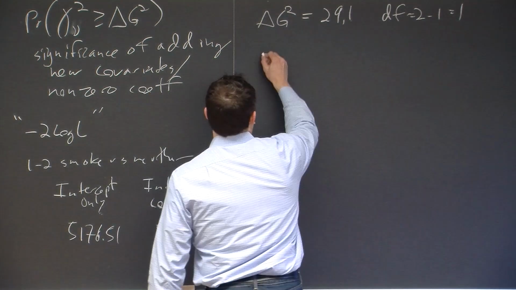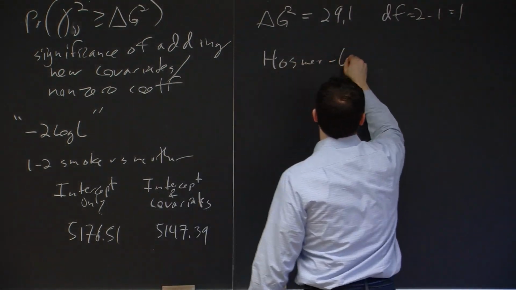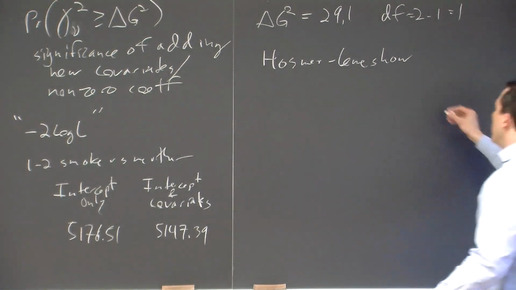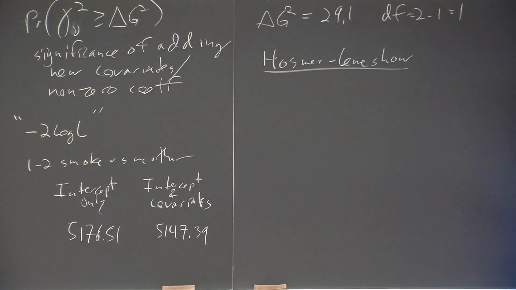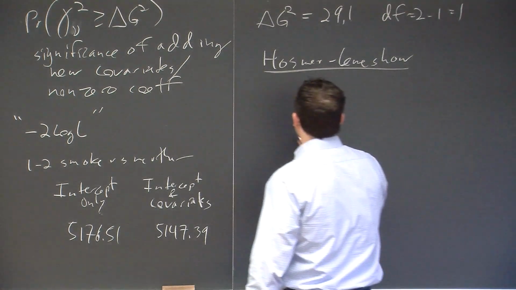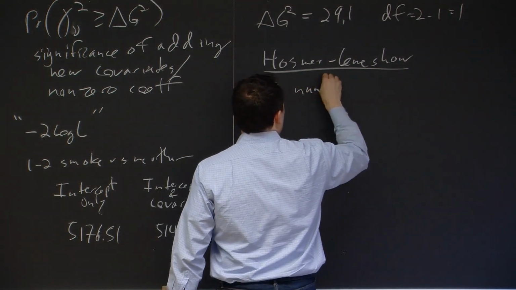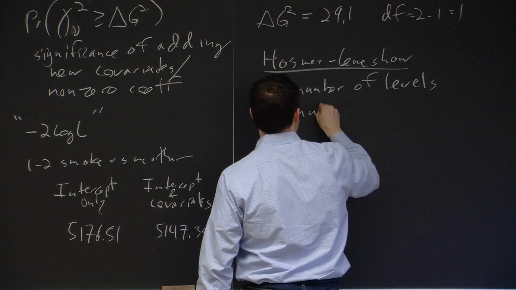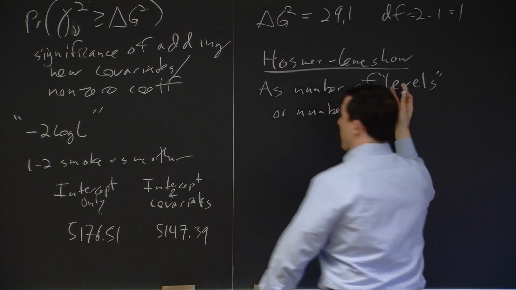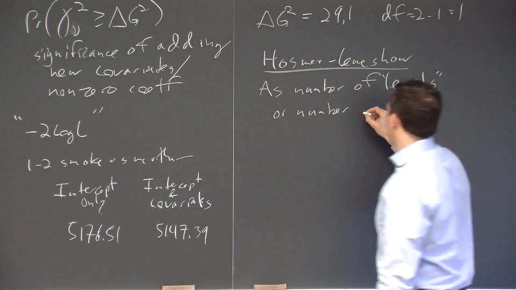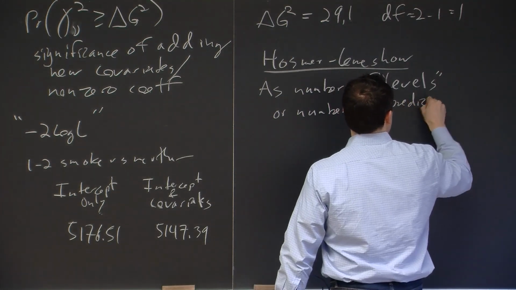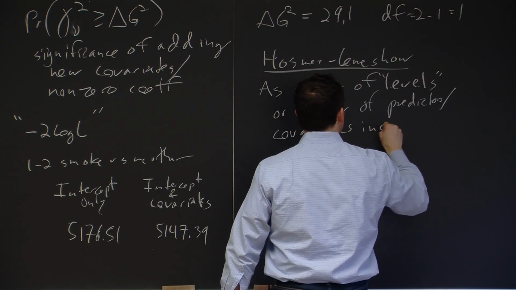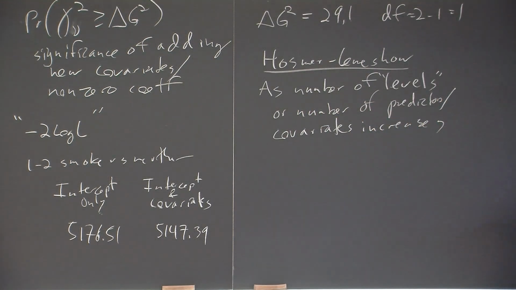At this point, let me mention this other statistic called the Hosmer-Lemeshow. In this particular example it's not an issue, but as the number of levels increases, like if I have a continuous case with a whole lot of levels, or the number of covariates increases, think about the table that I would make.